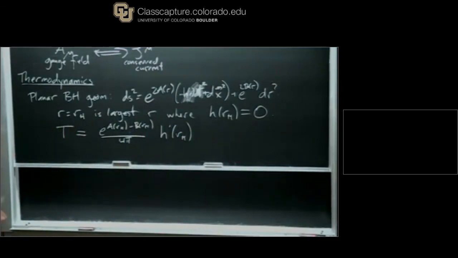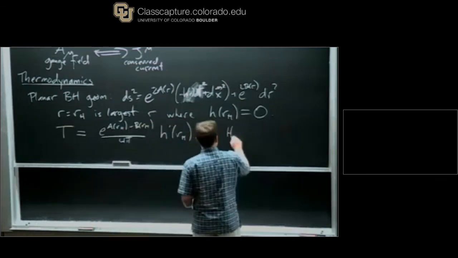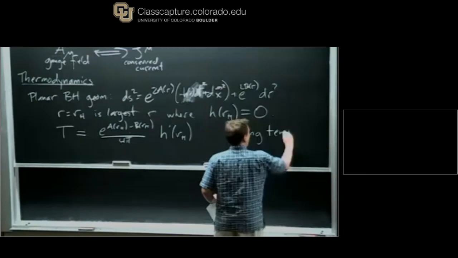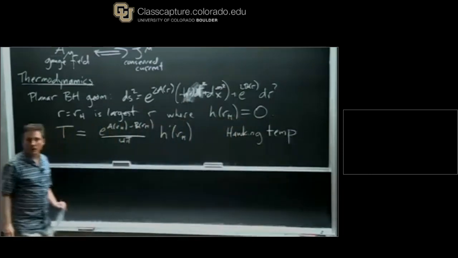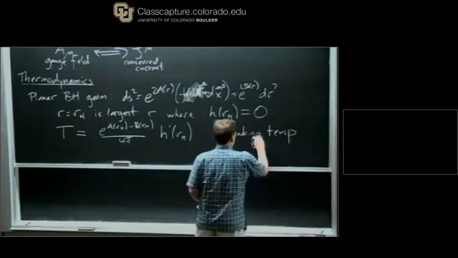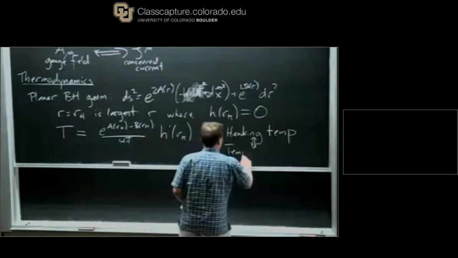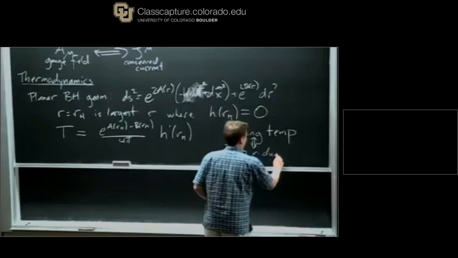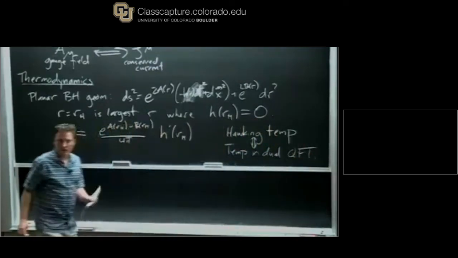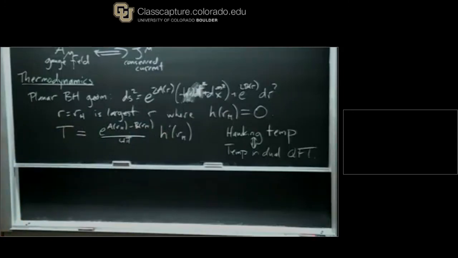So the important conceptual thing here is that we have a black hole now on the gravity side, and it has a Hawking temperature. And that is the temperature of the state of the dual theory. That's a natural thing that you might think the temperature would be, and that's what it is.